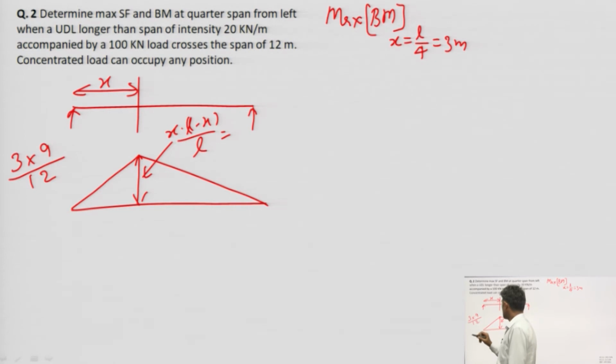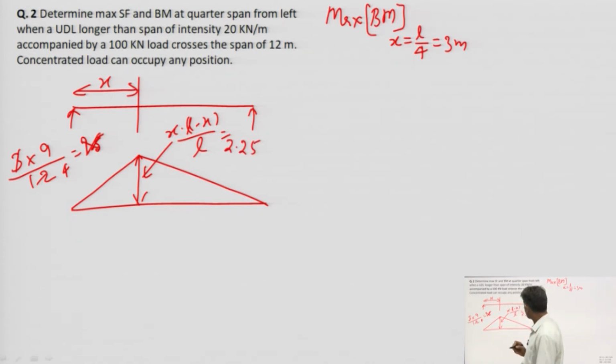Let me calculate, 27 divided by 12, it is 2.25, not 1.5. So the ordinate equals 2.25.